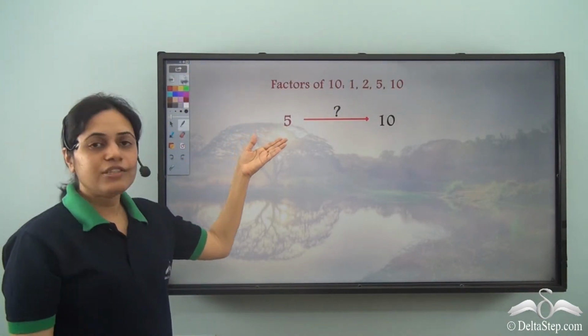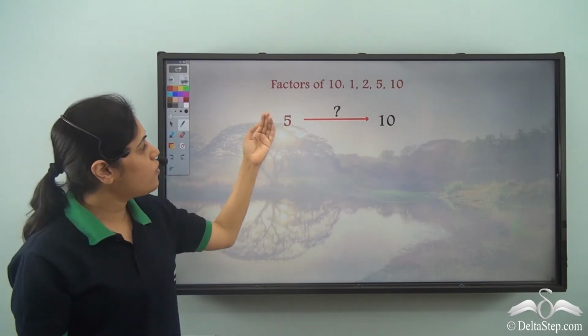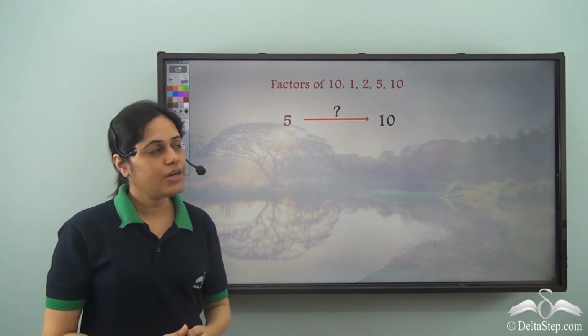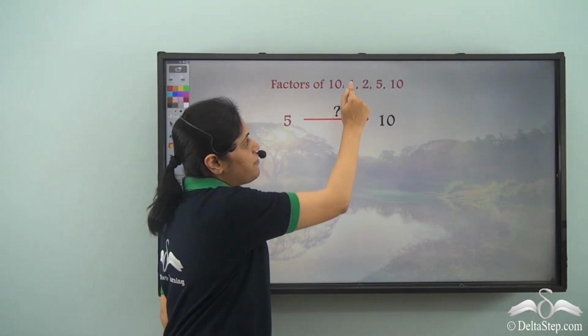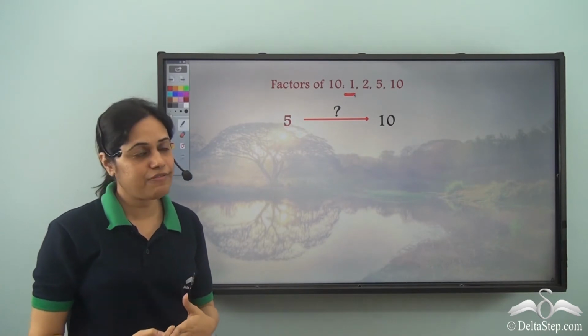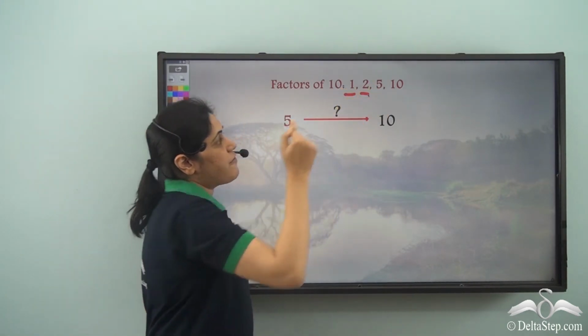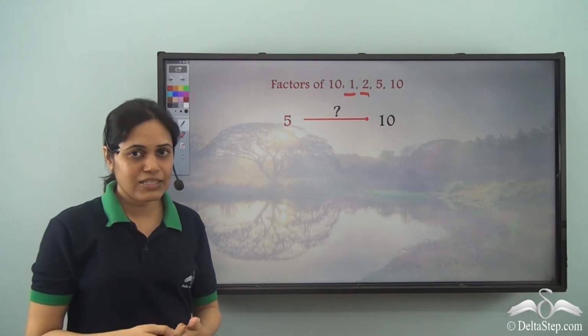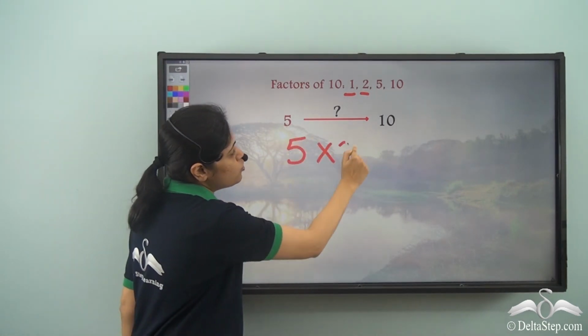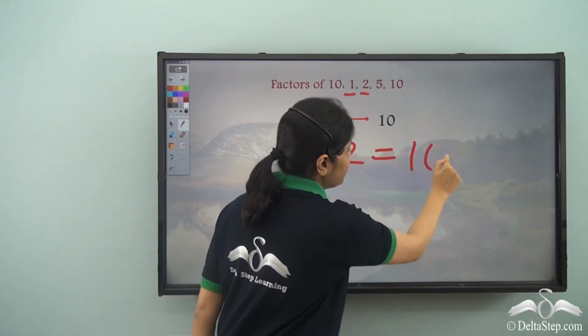So if I consider the factor 5, now what should I multiply 5 with to get 10? If I multiply 5 with 1, will I get 10? No, I'll get a 5. If I multiply 5 with 2, will I get a 10? Yes. So 5 into 2 gives me 10.